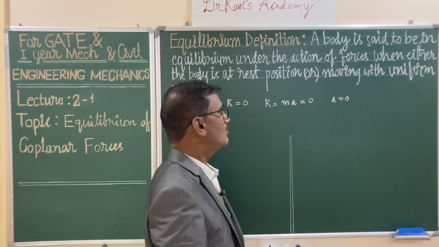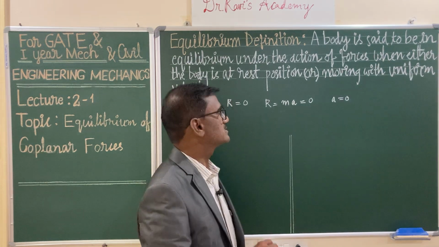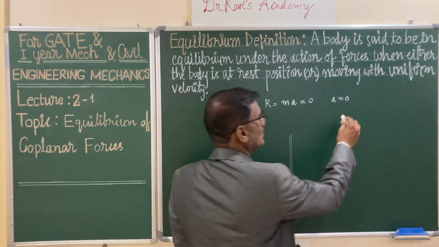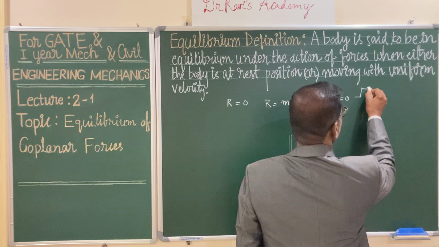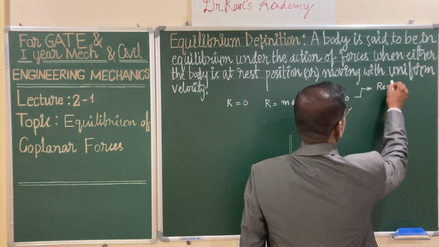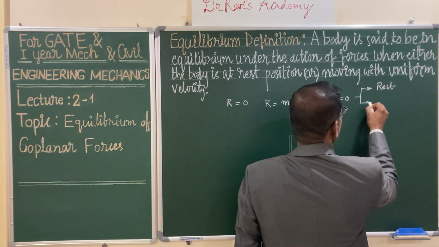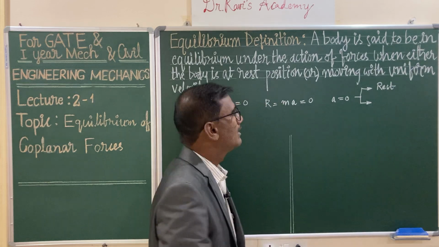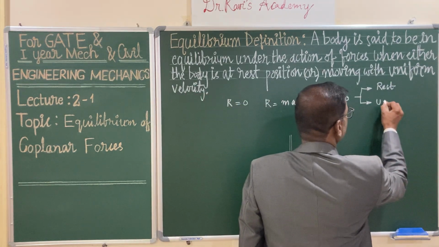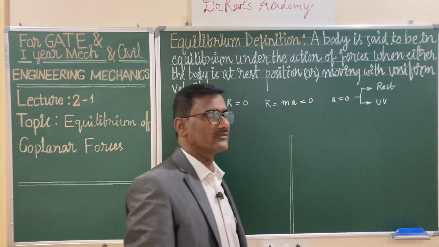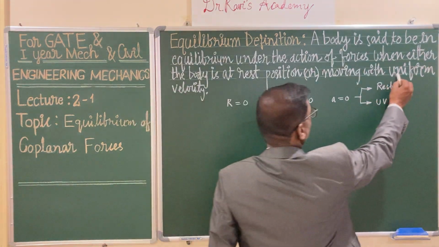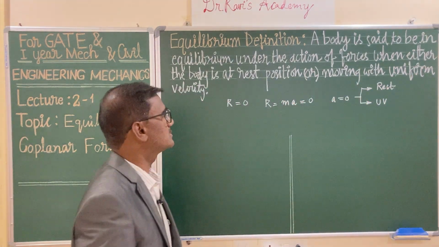Mass cannot be 0, only the acceleration is 0. So, acceleration is 0 in two conditions: either the body may be at rest position, it is not moving at all, then the acceleration is 0, or the body may be moving with uniform velocity, constant velocity. So then also it is 0.